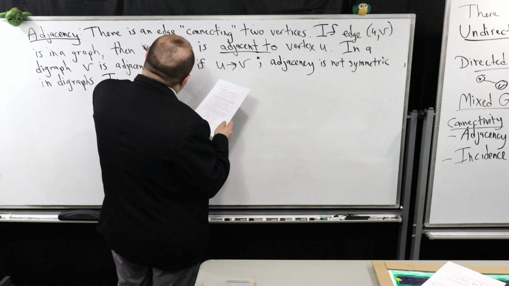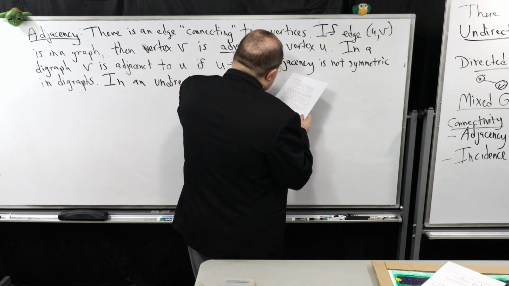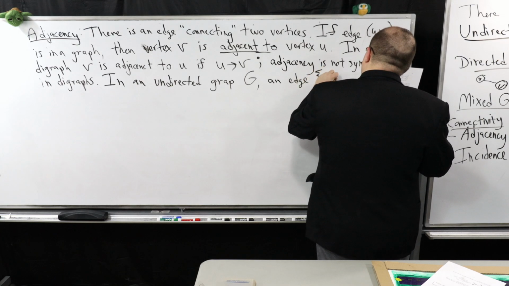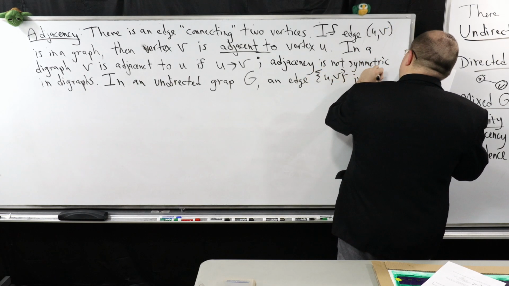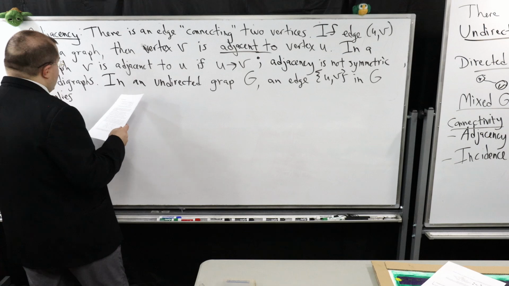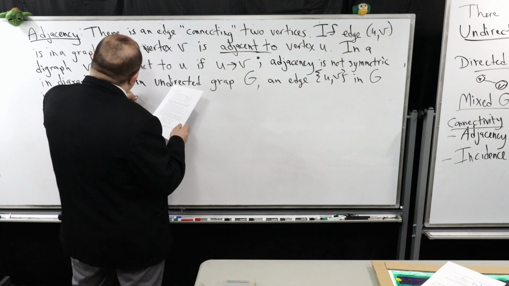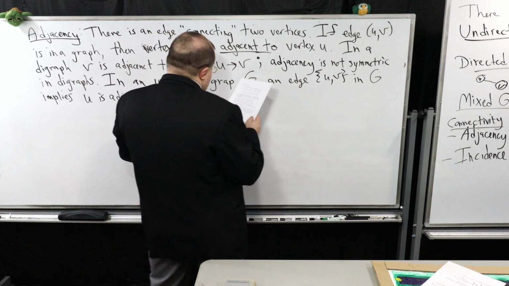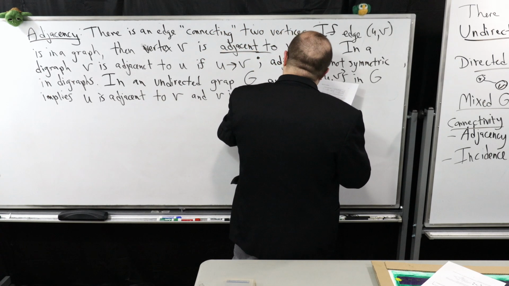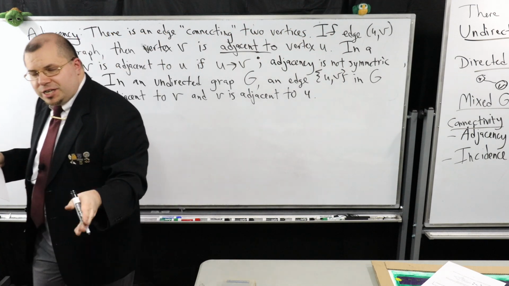In an undirected graph G, an edge UV in G implies U is adjacent to V and V is adjacent to U. So in the case of an undirected graph, the relationship of adjacency is symmetric.